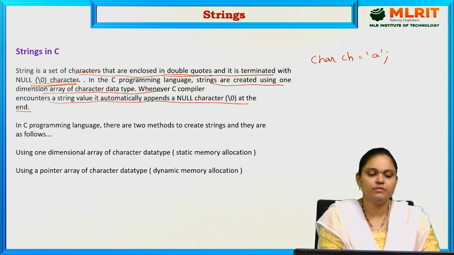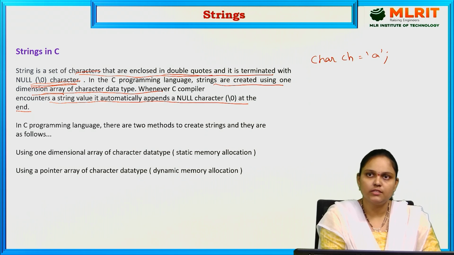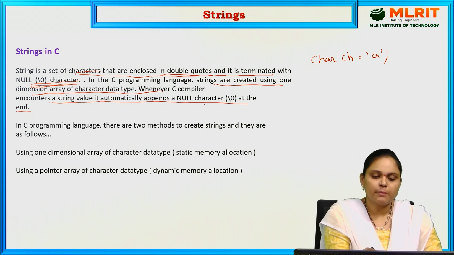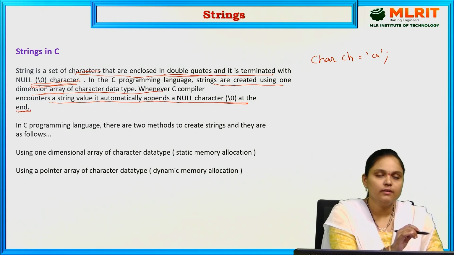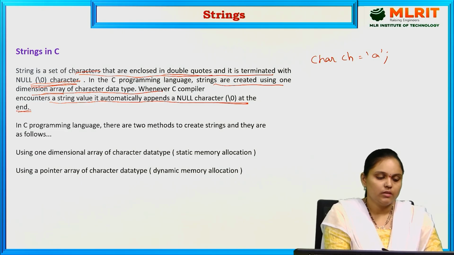That is the reason why we store it in a single-dimensional array of character type, and the compiler automatically appends a null character at the end.